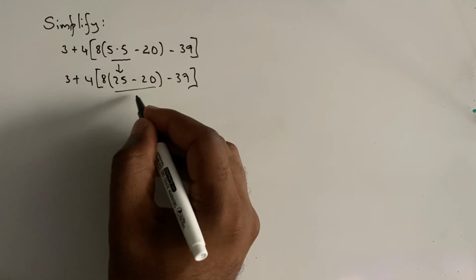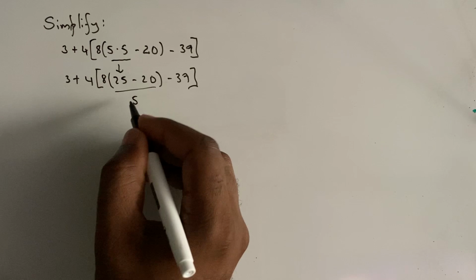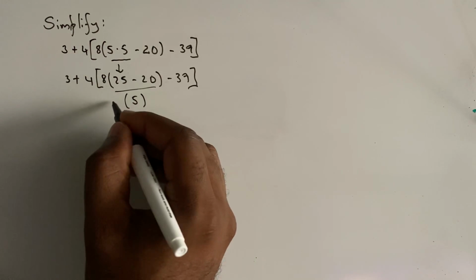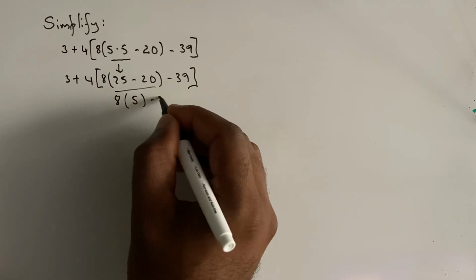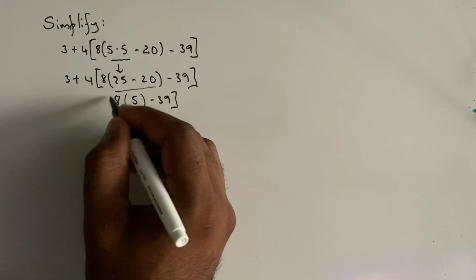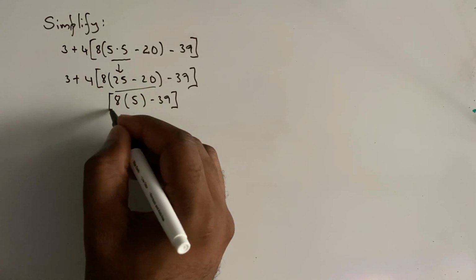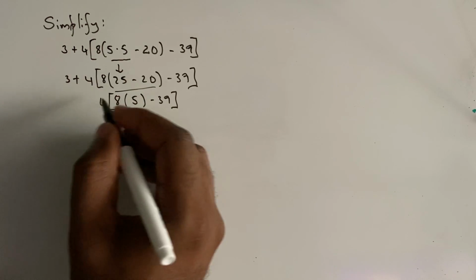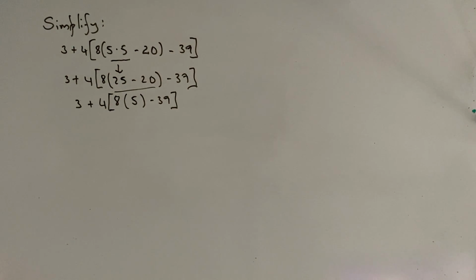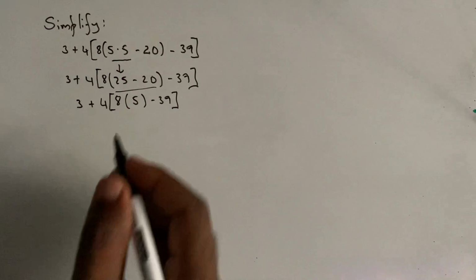That's 25 minus 20, which is 5. So I still have 5 in parentheses here, still have 8 here, minus 39 here, and close bracket here, open bracket here, and 4 outside here, plus 3. So remembering everything right here, we keep moving.